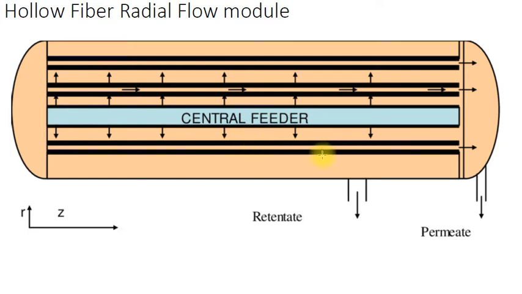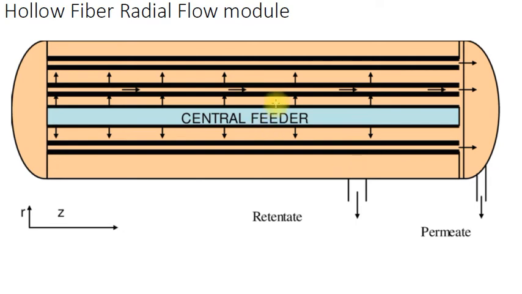Then it moves in this direction and is collected on this side. The tubes are sealed at this end of the membrane. So here the permeate flows in the axial direction, and the feed flows in the radial direction. This is called the hollow fiber radial flow module.